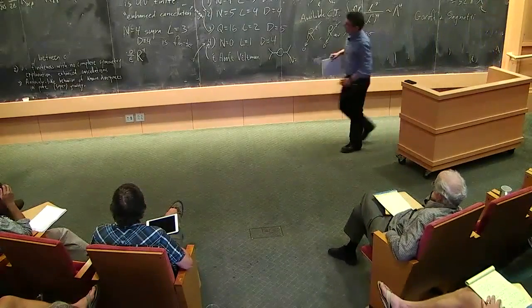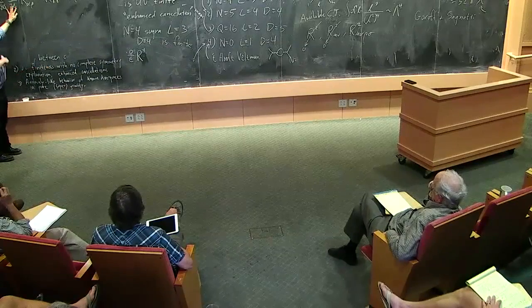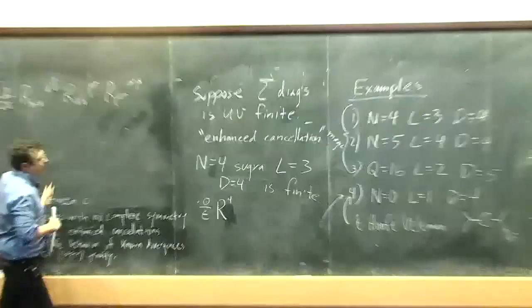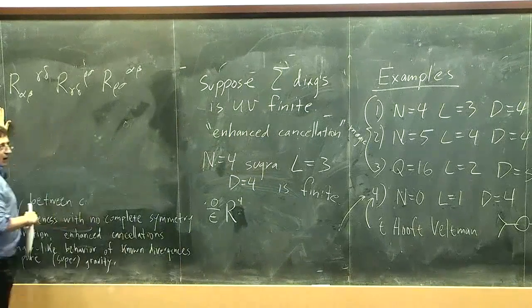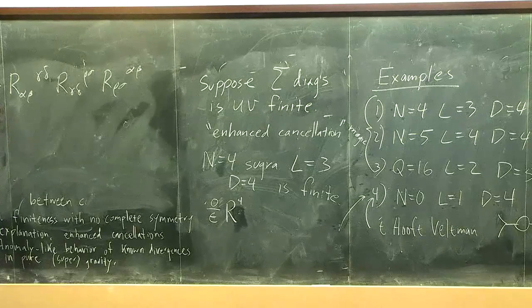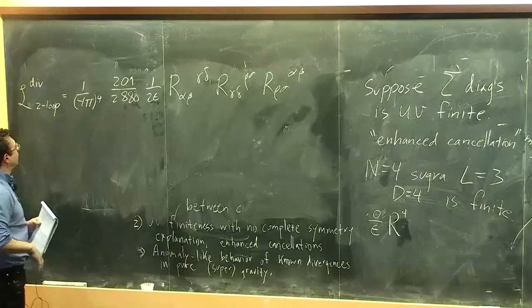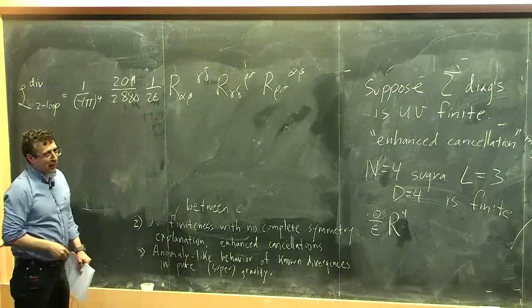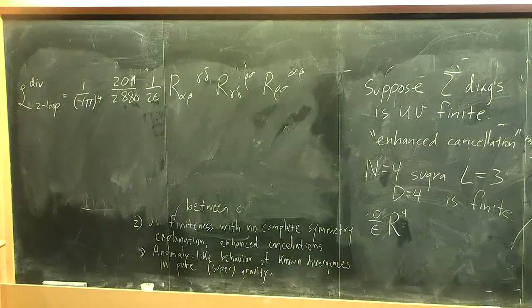The fact, as David observed, the fact there's a 1 over epsilon here is, of course, tied to the fact there was no 1 loop divergence. So you get a 1 over epsilon because that's just the first divergence. 2880? Yes, 2880. So why don't you divide both numerator and denominator by 3? No, it's 209. No, 209. These are prime numbers. These strange prime numbers. Don't ask me where those prime numbers come from.